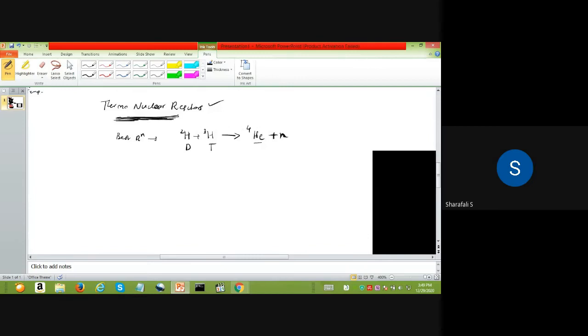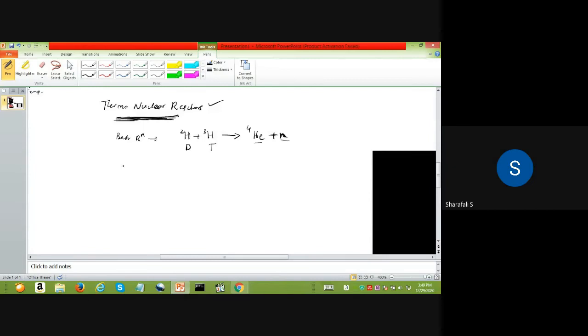One proton and one neutron from each of these combine to form this helium nucleus, and one neutron comes out from this triton. This is the best reaction.